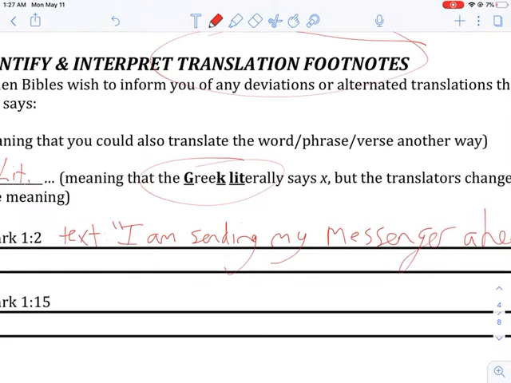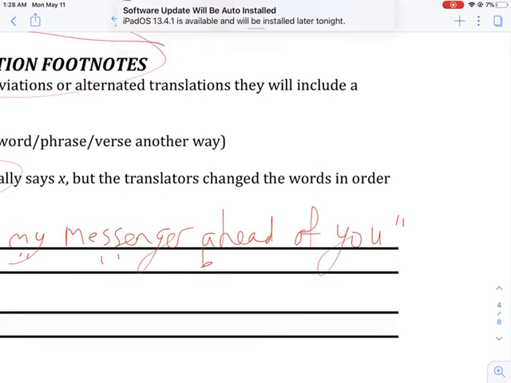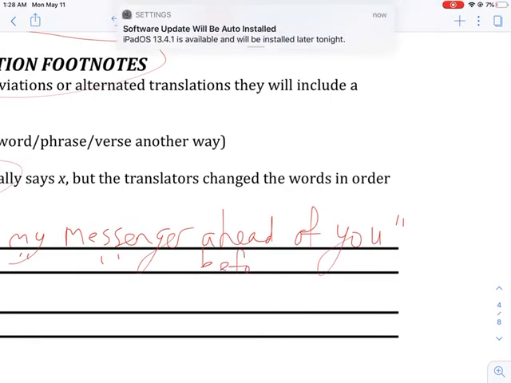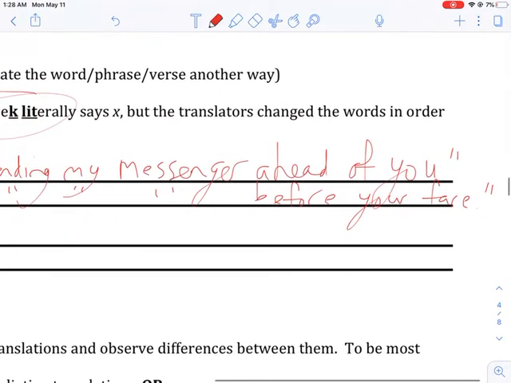And again, we mark the text, and then the footnote, and I'm going to use these hashtags to save writing. I'm sending my messenger before your face. And we could ask, is that important?